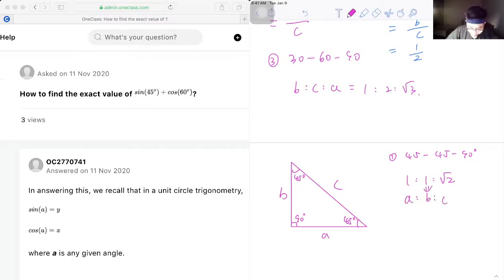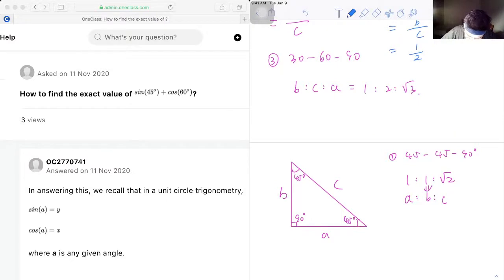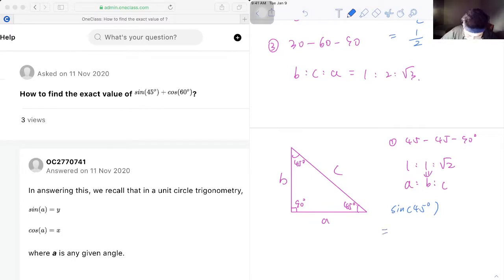So by knowing this, we can substitute for sine 45 degrees, and let's use this angle.